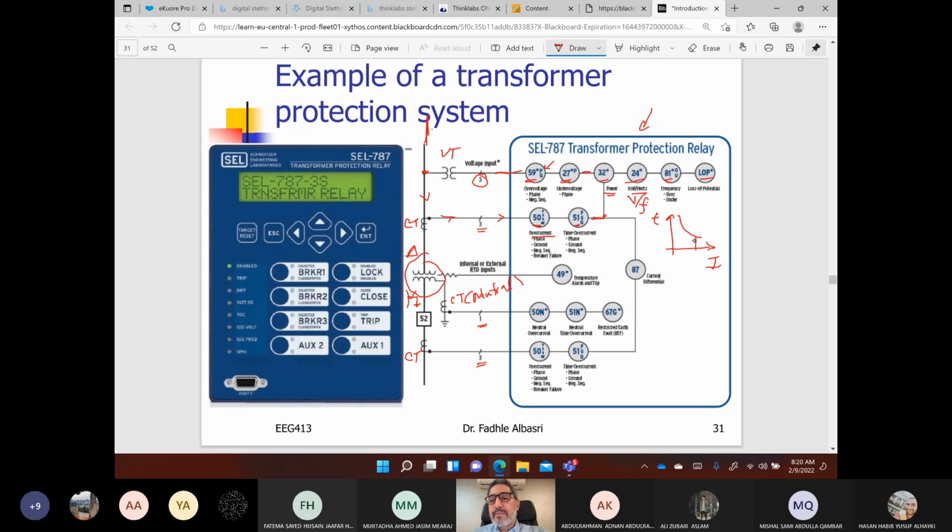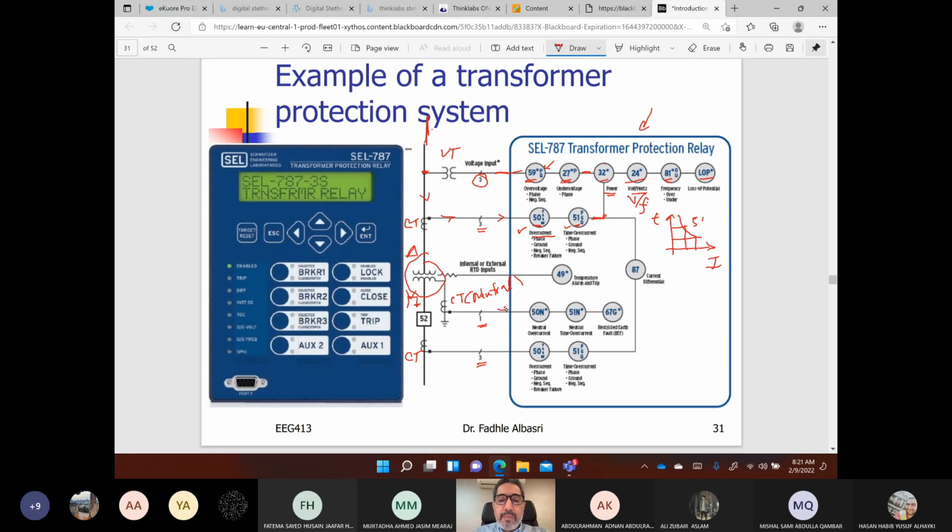The higher the current, the faster the operating time. Okay, so this is the 51 protection function. We call it time overcurrent protection. So these two require a current as input.